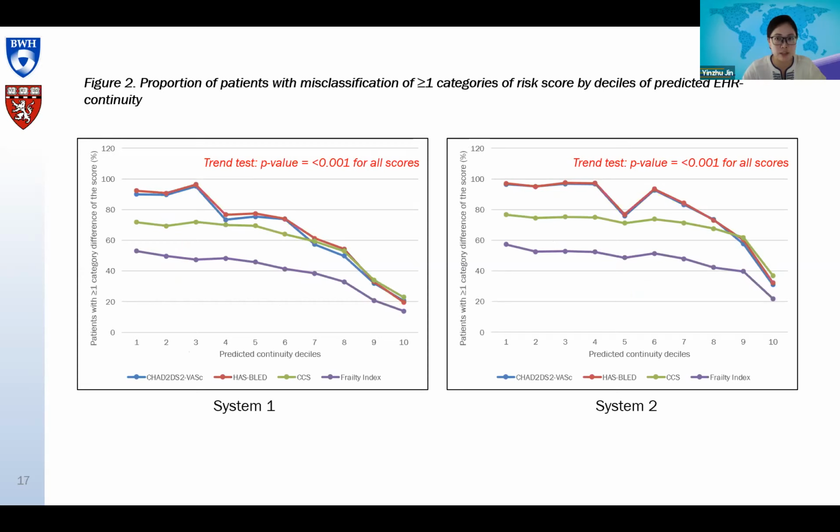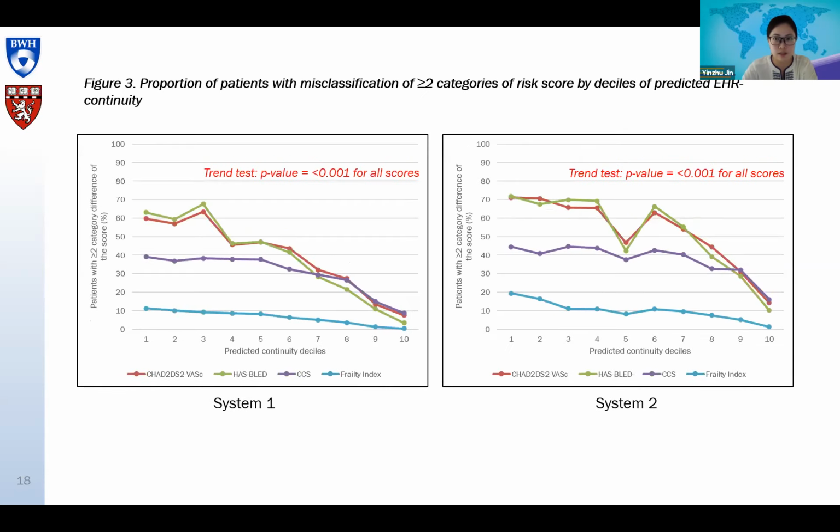We observed a similar trend of decreasing misclassification with increasing EHR continuity, and the trend test p-values were all statistically significant. When we measured the misclassification of more than 2 categories of risk score by deciles, we consistently observed similar patterns.